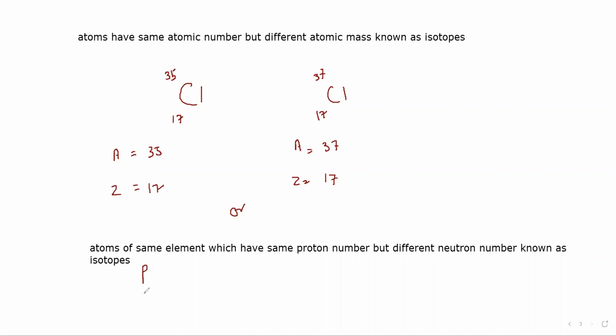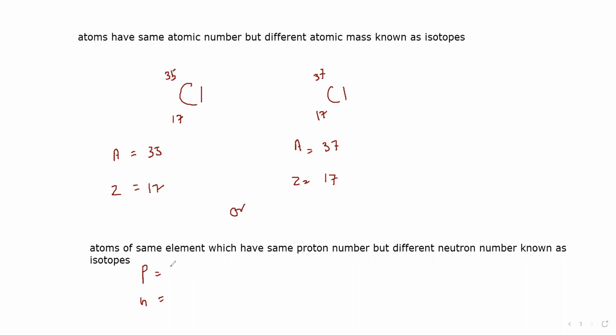How many protons and how many neutrons are there in the first one, chlorine 35 and 17? Basically there are 17 protons, and when you take the difference, 35 minus 17, that is 18 neutrons.